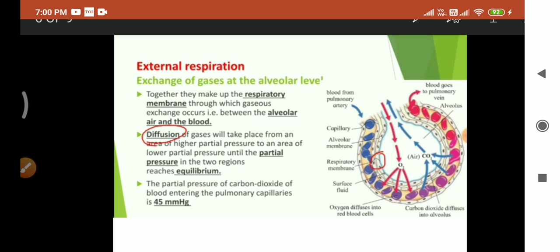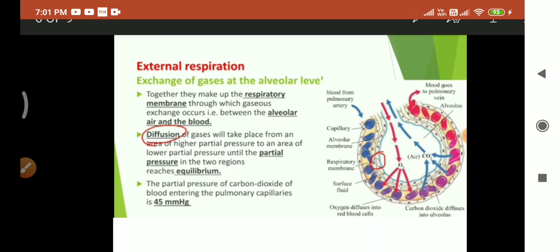So I am repeating: diffusion of gases will take place from an area of higher partial pressure to an area of lower partial pressure until the partial pressure in the two regions reaches equilibrium. This is very important.